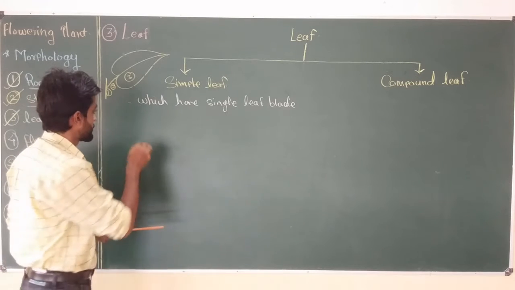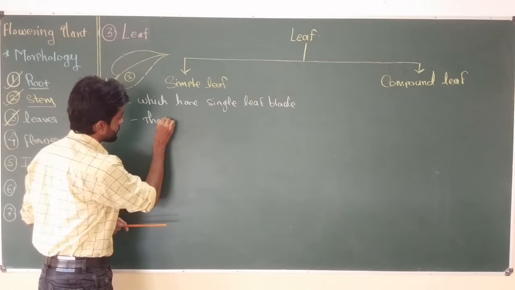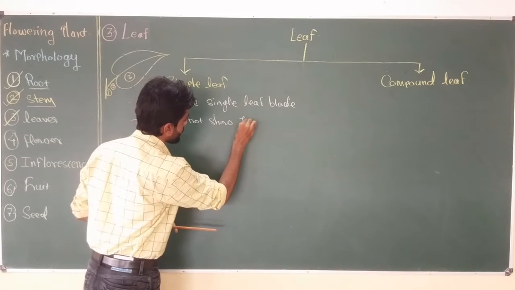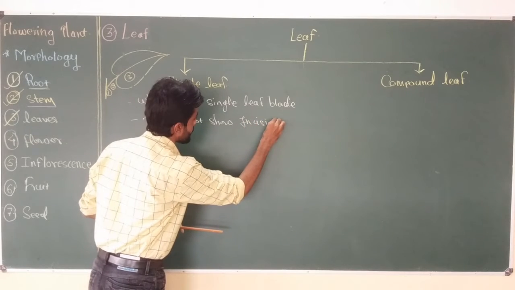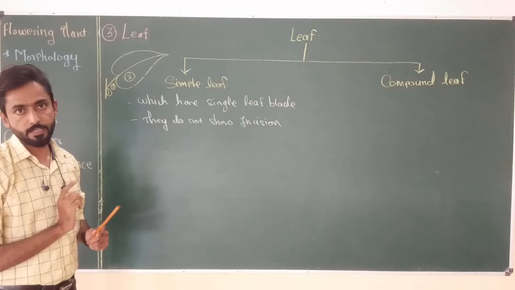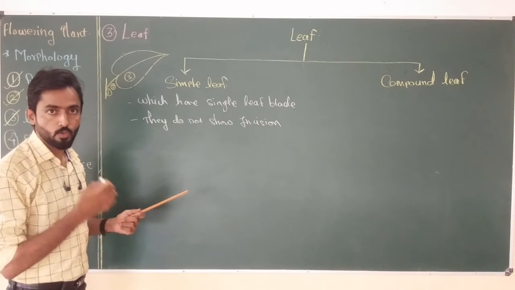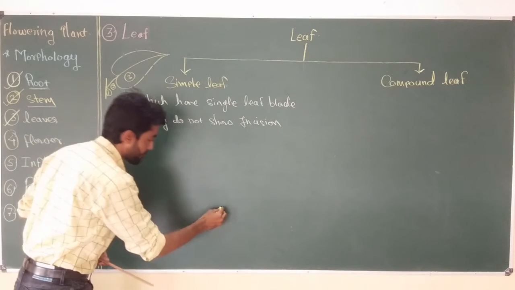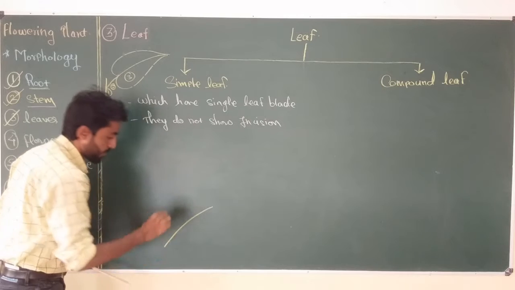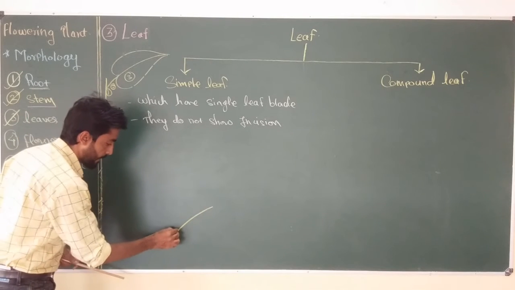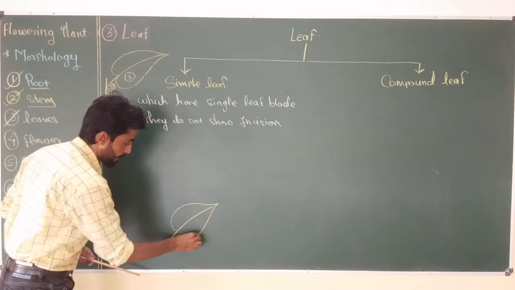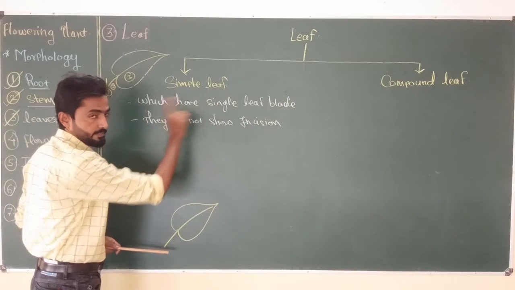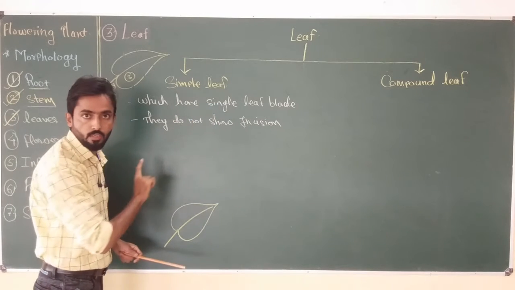Incisions are absent; they do not show incisions or cuts in this type of leaf. If we want to draw a simple leaf of the angiospermic plant, it will look like this: a central portion called the midrib and the lamina.